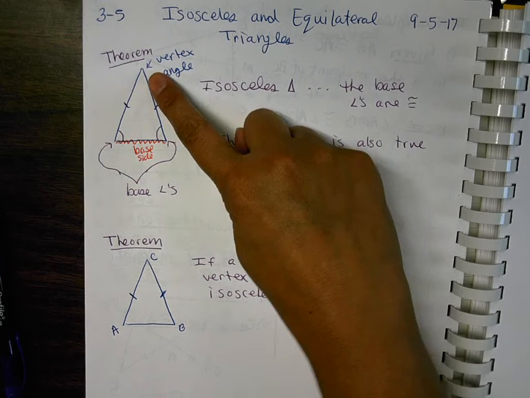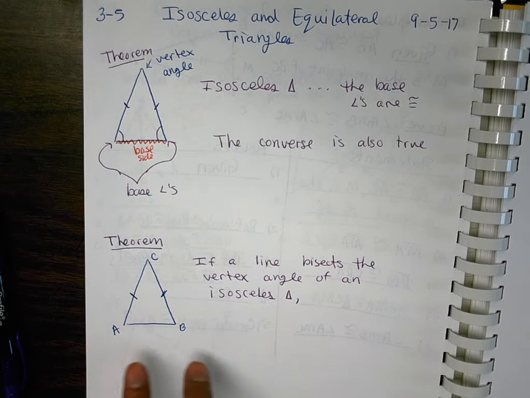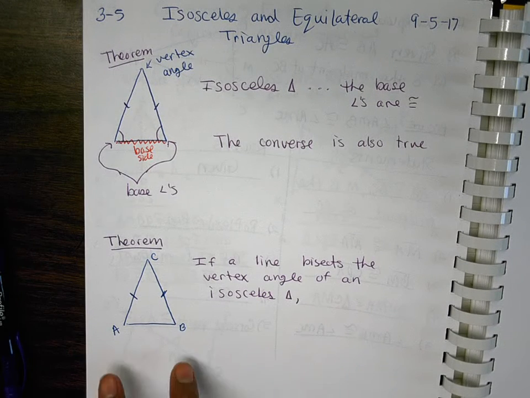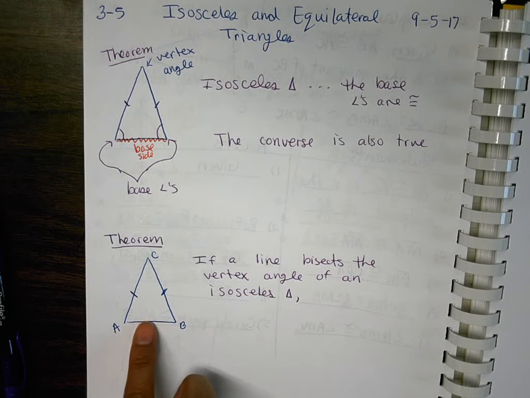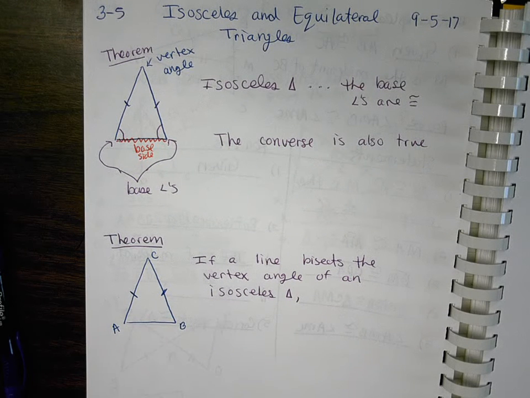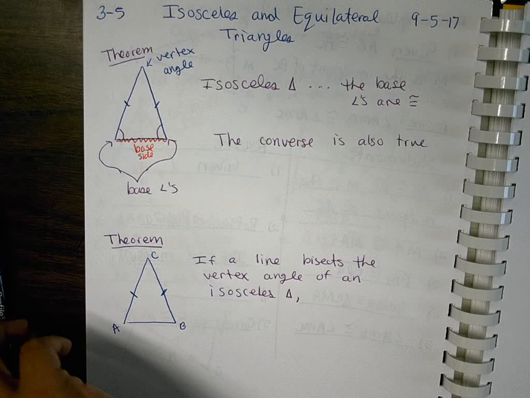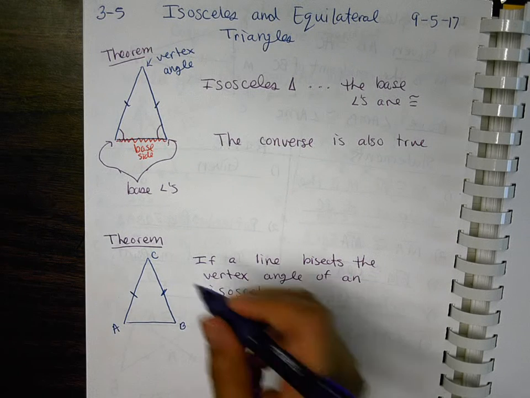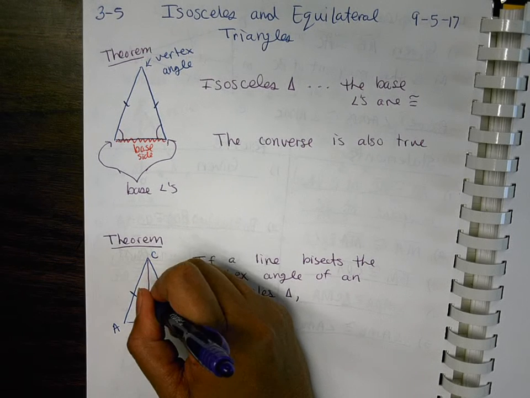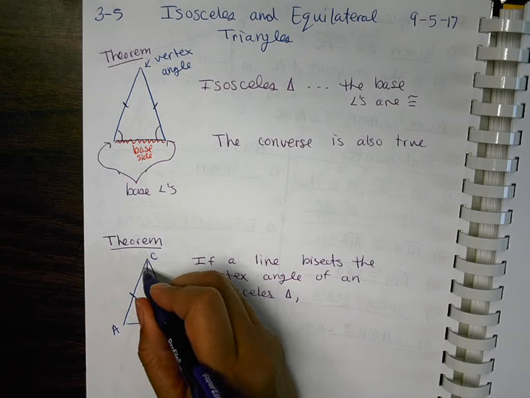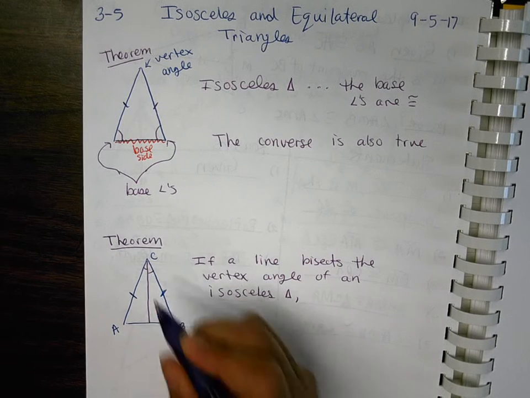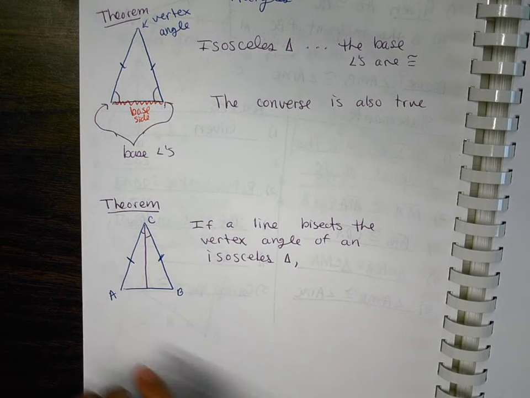The vertex angle is the one that is not a base angle. Where are my base angles in this picture? A and B, and AB is my base side. Do you guys see that? So, if I have a line bisecting the vertex angle, what does it mean to bisect? These two angles are equal, congruent, the same.